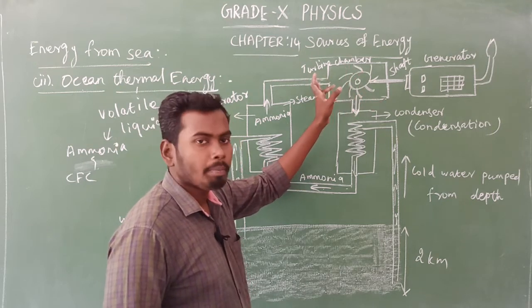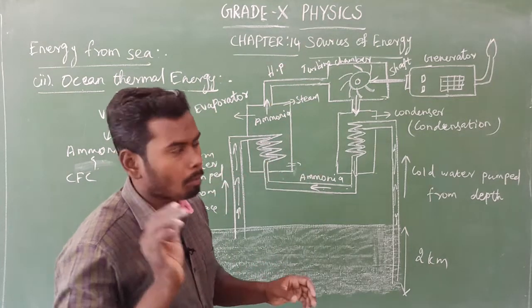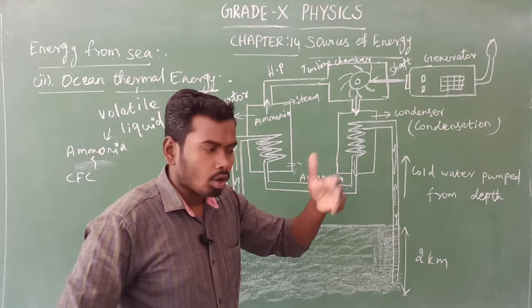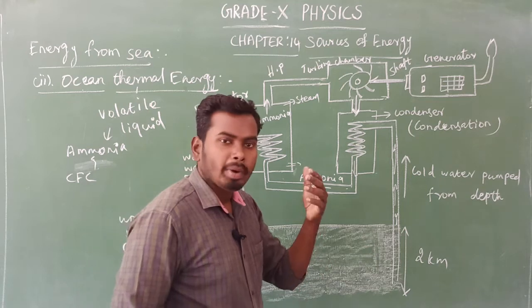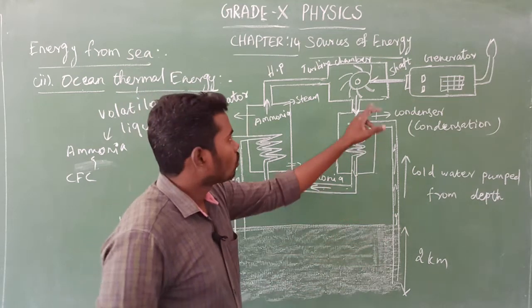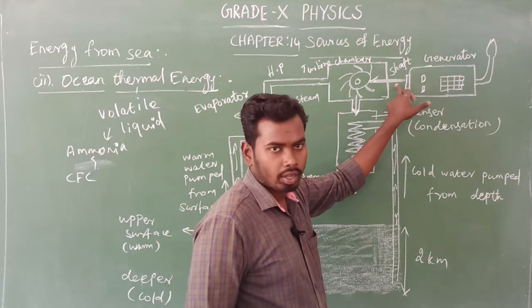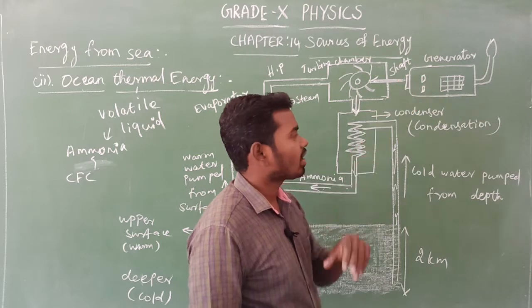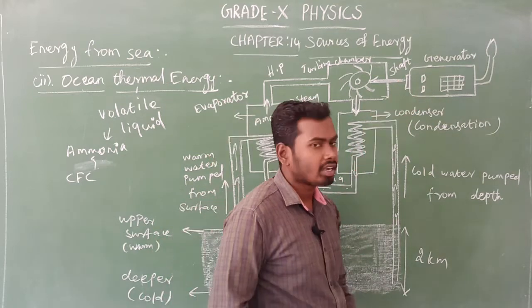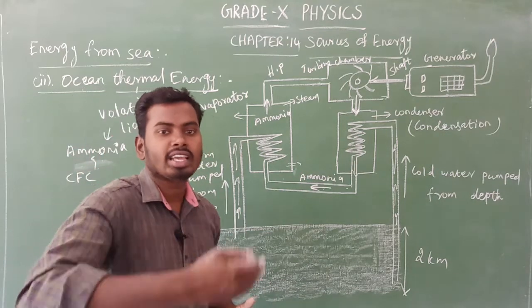So this high pressure steam of ammonia falls on the turbine. Automatically the turbine starts rotating very fast. When the turbine rotates, the shaft also rotates. The other end of the shaft is connected with the generator. So due to this rotation of the turbine, the generator generates the electricity.